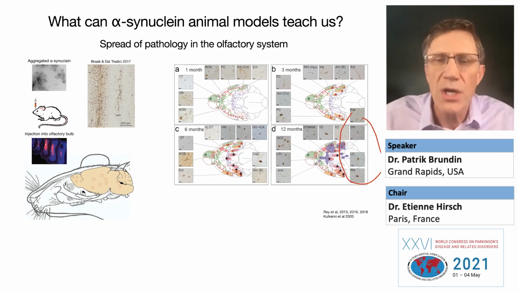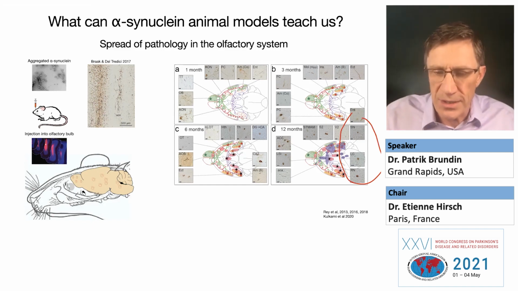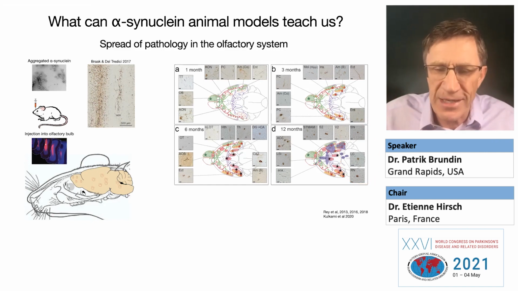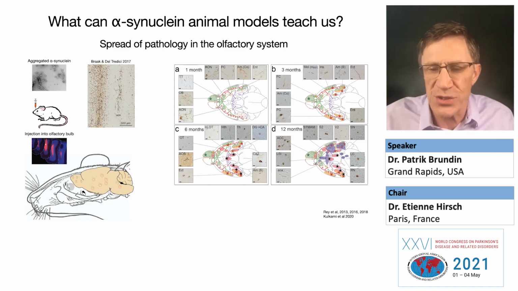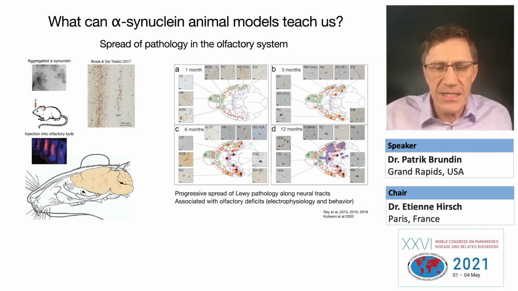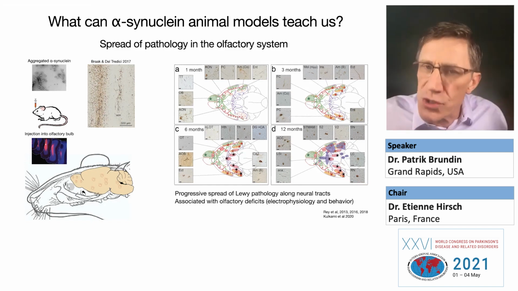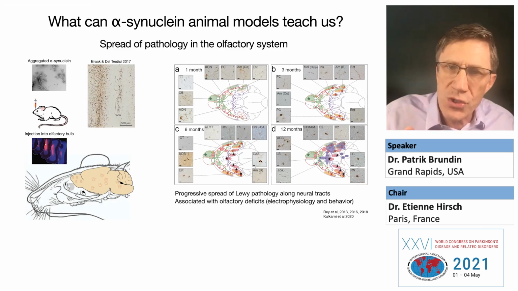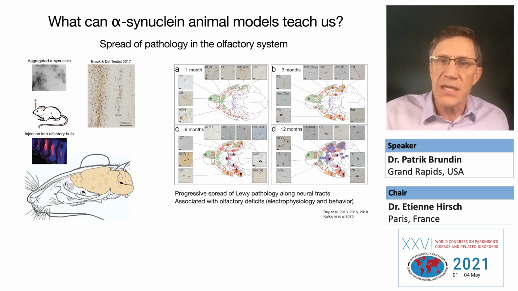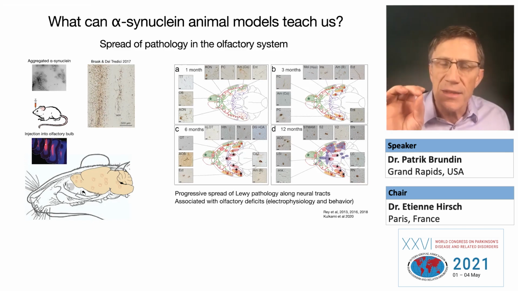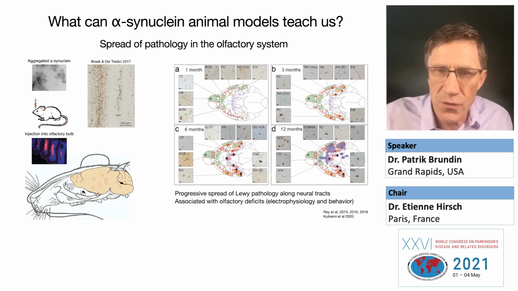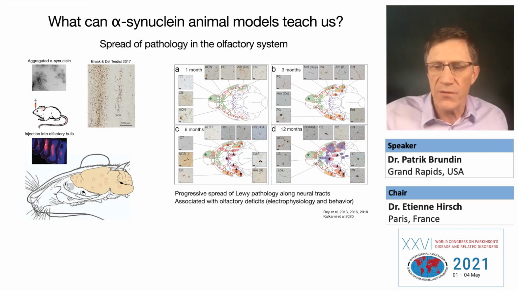Very, very few, but proof of principle that this is sort of replicating what we think happens in Parkinson's disease. And these models show progressive spread of Lewy pathology that follows neural tracts, and they're also associated with olfactory deficits. And that can be detected both with electrophysiology and with behavior.